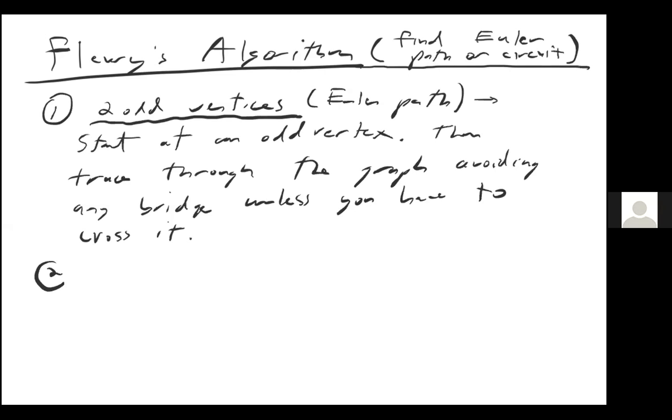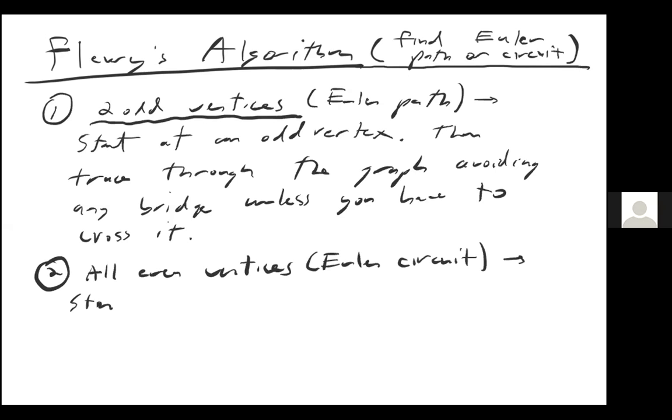If you have all even vertices, that means you're going to have an Euler circuit. Start anywhere. You can start at any point.